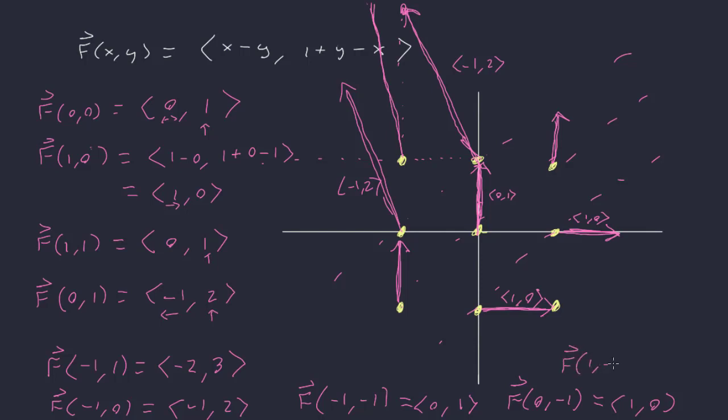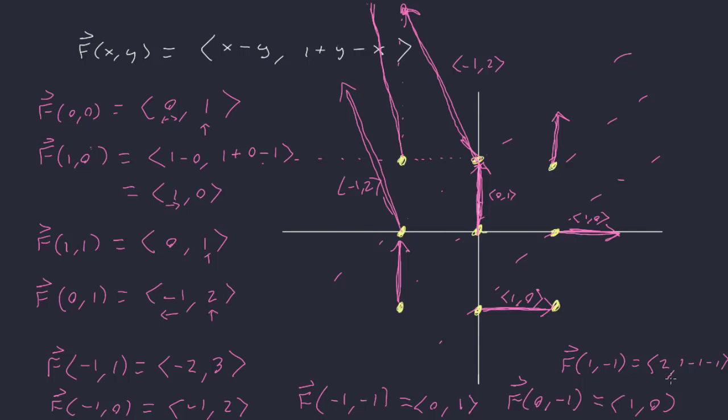F at 1, negative 1. Well, we'll get 1 minus a negative 1, which will be 2, comma, now 1 plus, and that will be negative 1 minus a 1. So the 1 minus the 1 will cancel. Let me just write it out. All right, it'll be 1 minus 1 minus 1, it looks like.